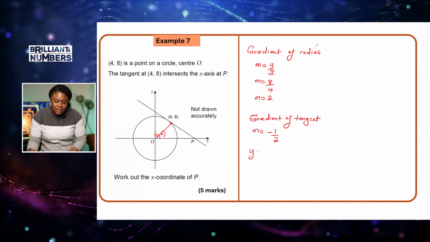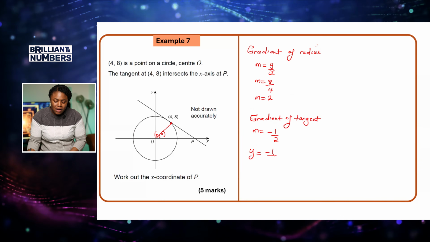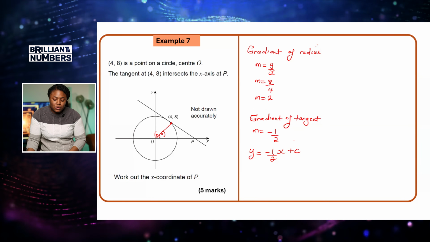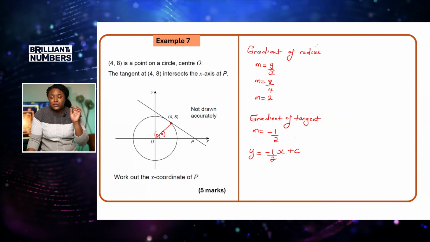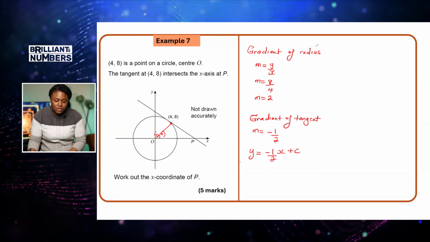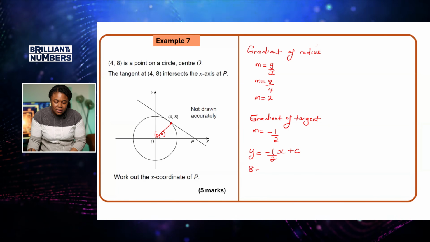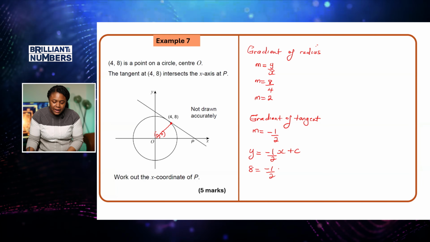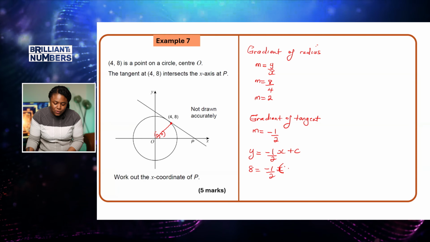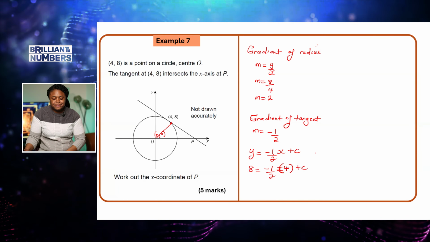So y is equal to -1/2 x plus c. I now need to work out what my y-intercept is using the common point on the tangent and the radius. So y was 8, minus 1/2 times x, where x is equal to 4, plus c.